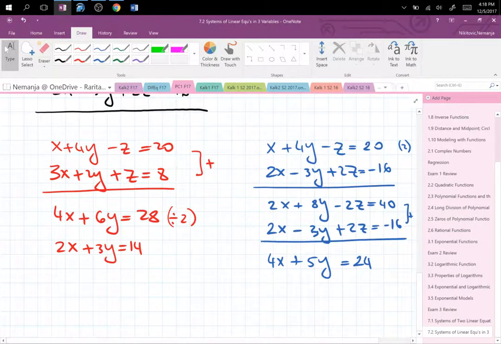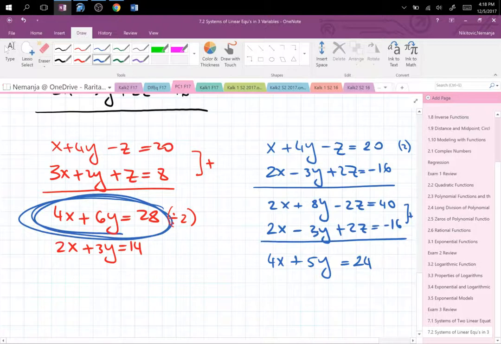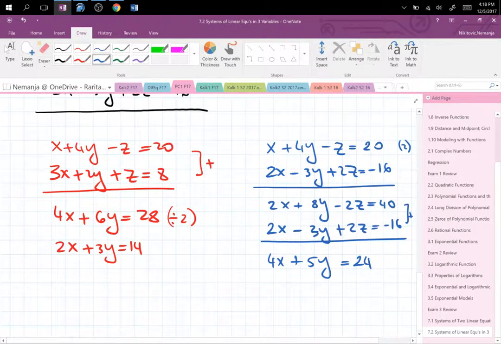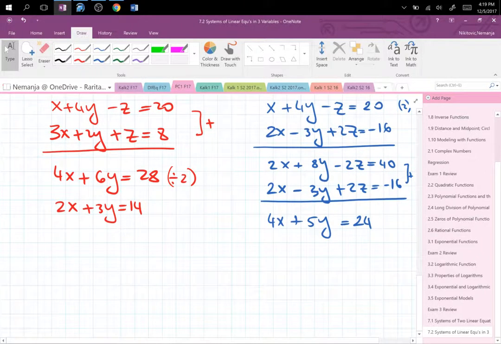Okay, so as you can see, I found this equation, and I immediately divided it by 2 because I noticed that all of the numbers are divisible by 2, to reduce it. But now I see that I need 4x back. Right, such is life. So I'm just going to cross it out because I really need my 4x back.